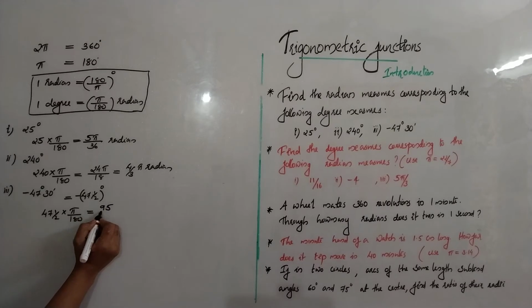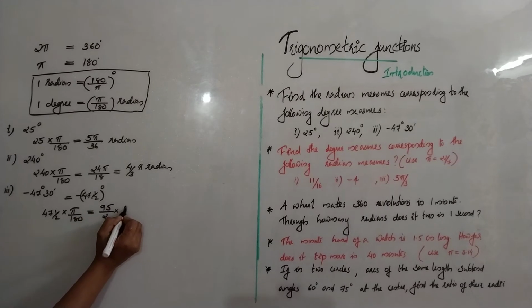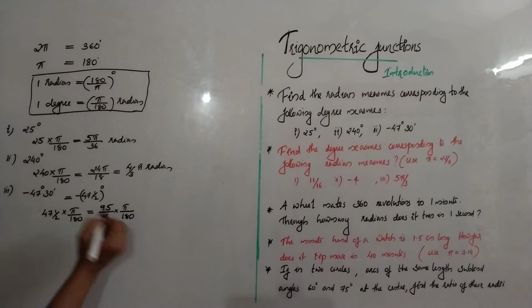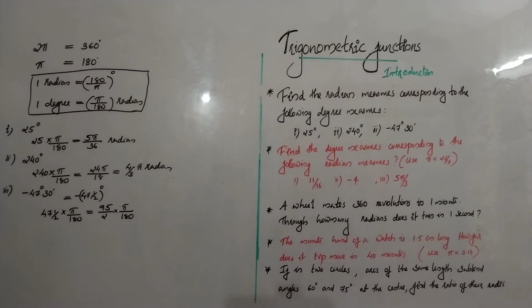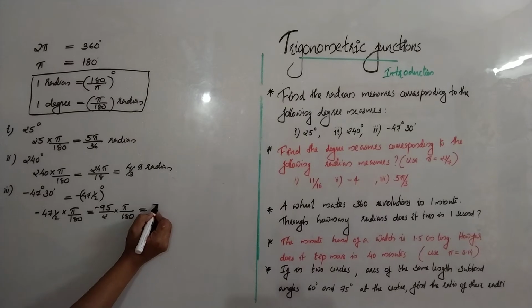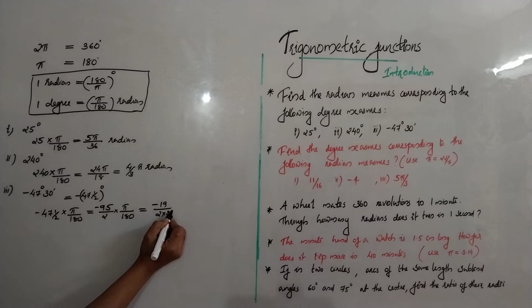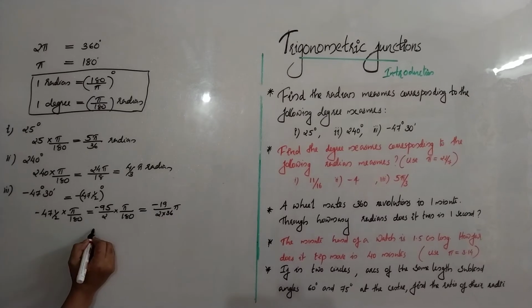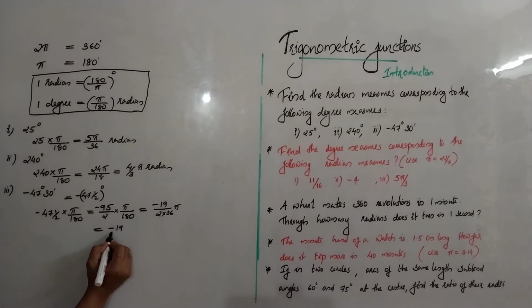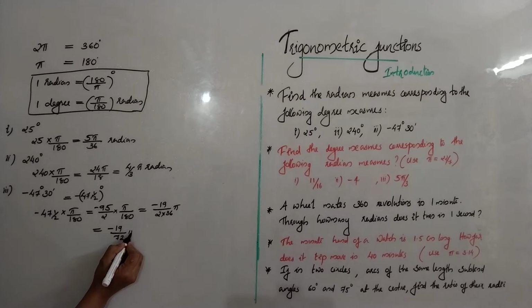That is 95 by 2 into pi divided by 180. Minus 95 divided by 2 into pi by 180 is equal to minus 19 by 2 into 36 pi, which is equal to minus 19 by 72 pi.